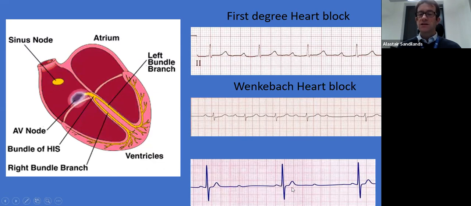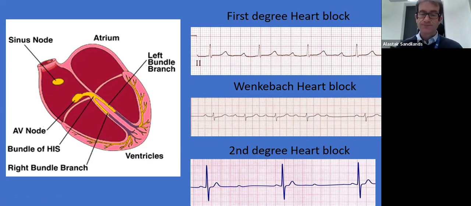But the AV node is so poor, it doesn't accept the next P wave, and it has to reset again, P, QRS. Okay, so this is a really poor AV node, and certainly in this situation, you'll be definitely thinking about a pacemaker because the QRS is too slow and the heart won't be speeding up at all. And so this is second degree AV block.